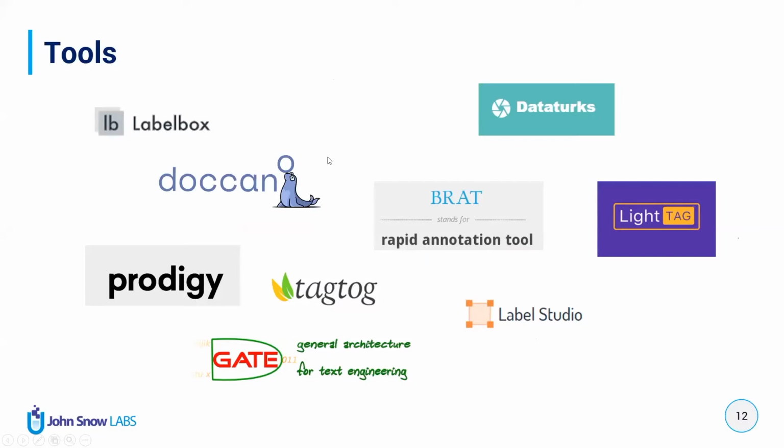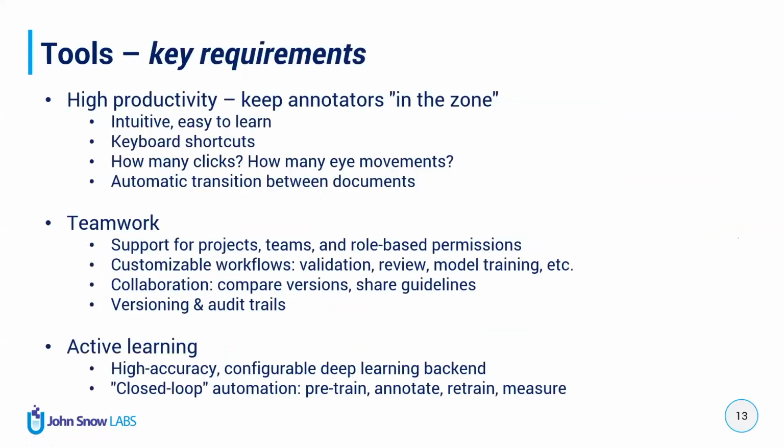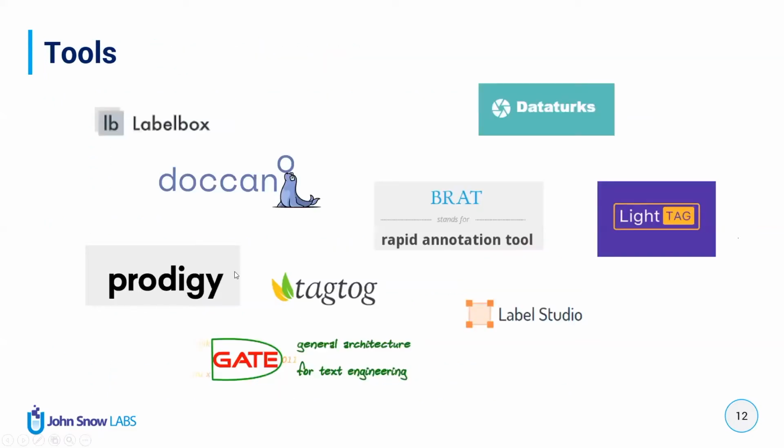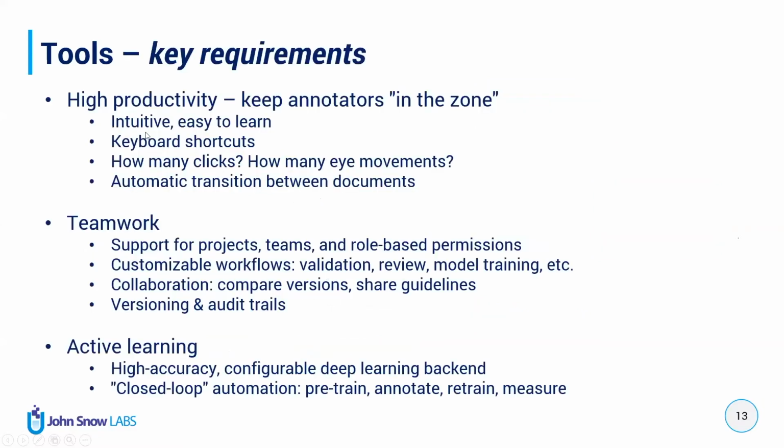We have used several of those over the years, but finally we decided to build our own tool because none of the tools that we used so far was respecting all of the key requirements that we think are absolutely necessary for an annotation tool.